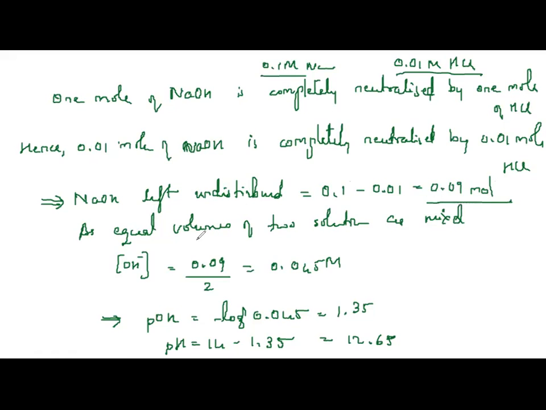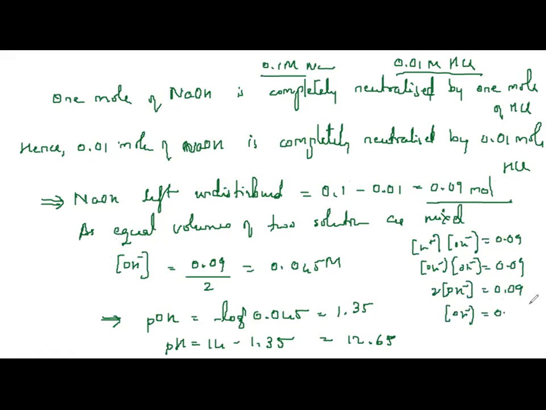Since they have said equal volumes, the concentrations are diluted equally. So OH minus ion concentration is equal to 0.09 by 2.